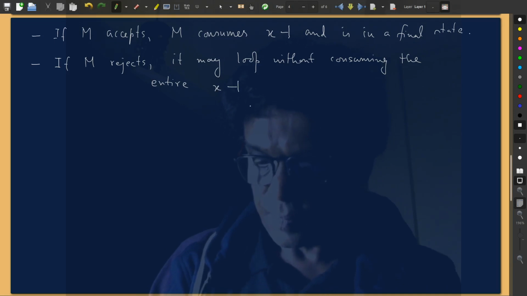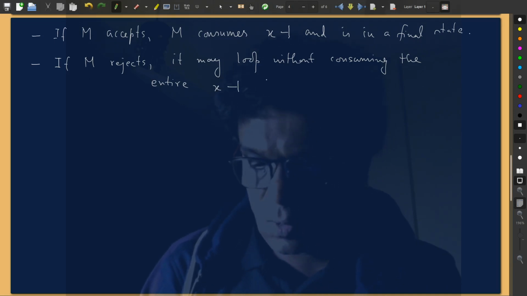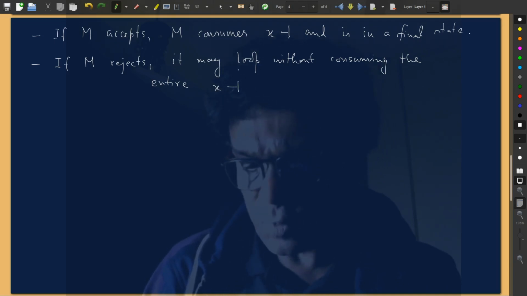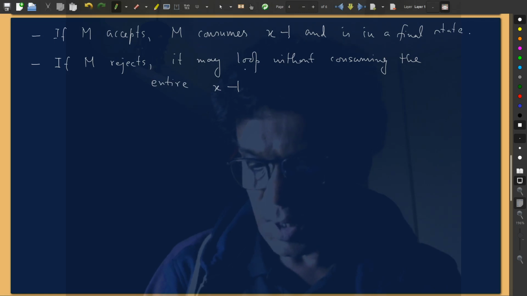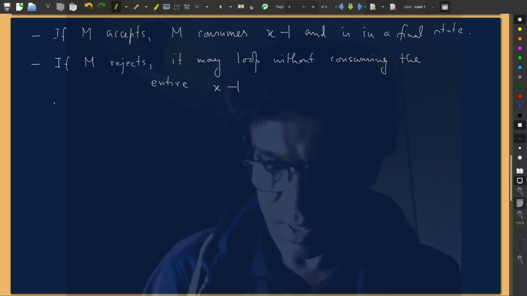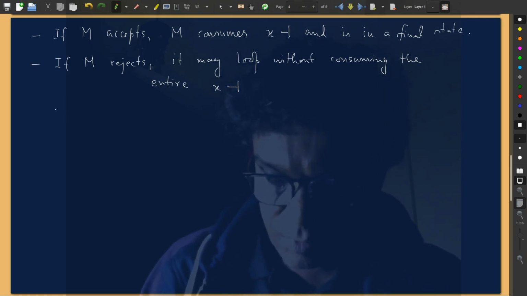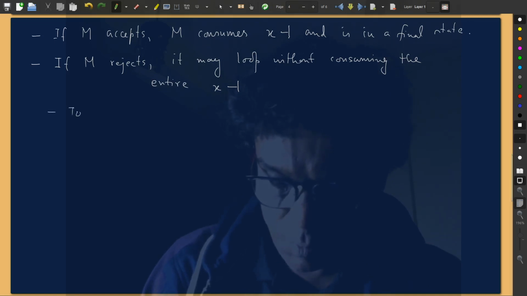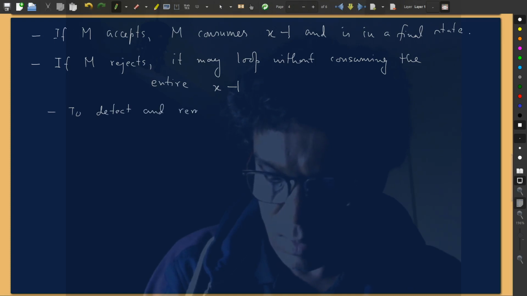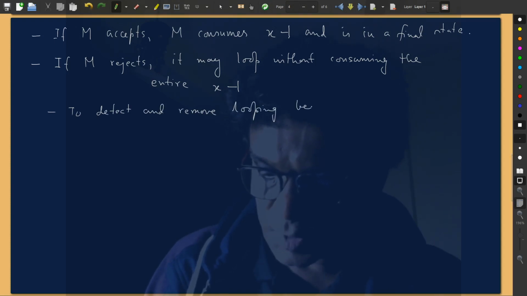Okay. So somehow I have to take care of this looping behavior. Okay. So to detect and remove this looping behavior, that's an important thing we first need to address.